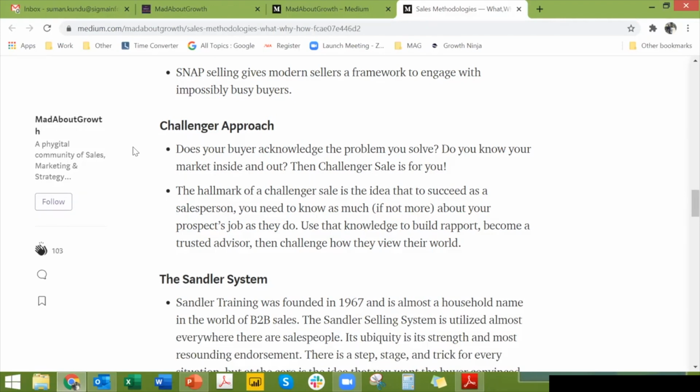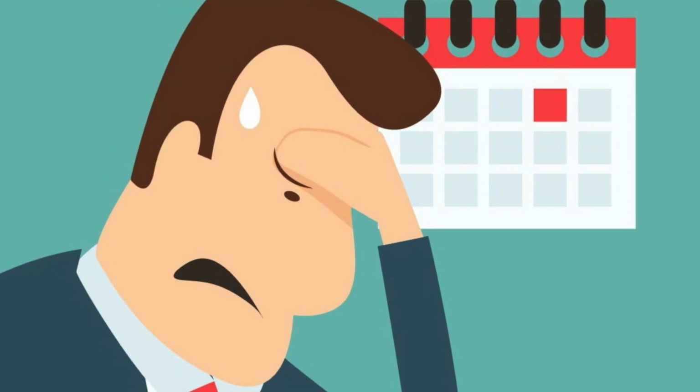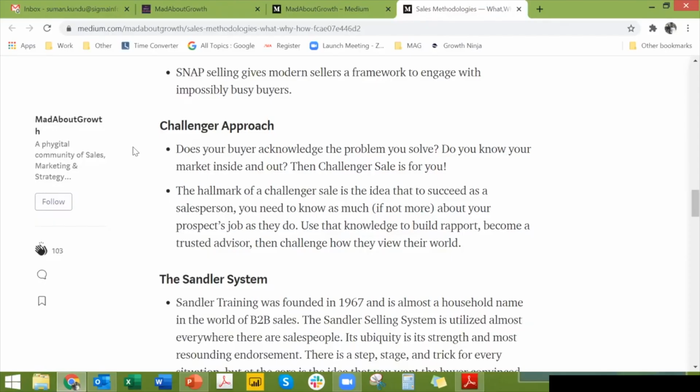A Challenger is someone who challenges the convention and acknowledges the buyer's problem, and as such knows much more, or maybe equal to, the prospect's job and what their pain point is. Using that knowledge, he builds a rapport, becomes a trusted advisor, then challenges their view of the world and ultimately ends up selling his product.